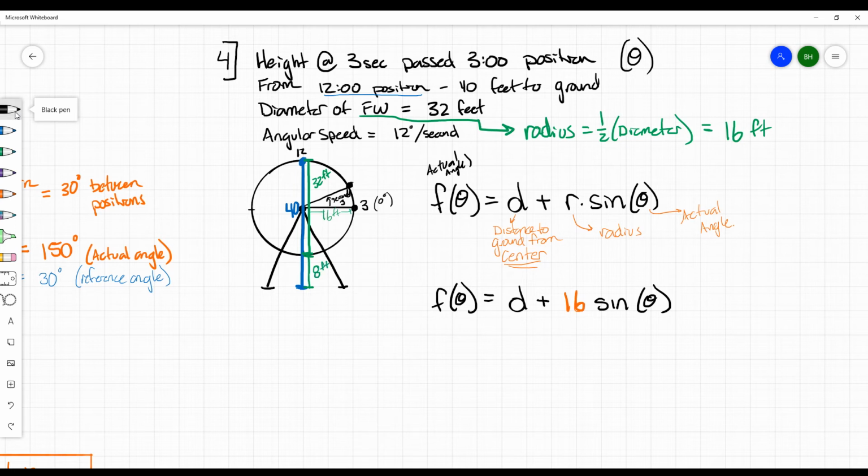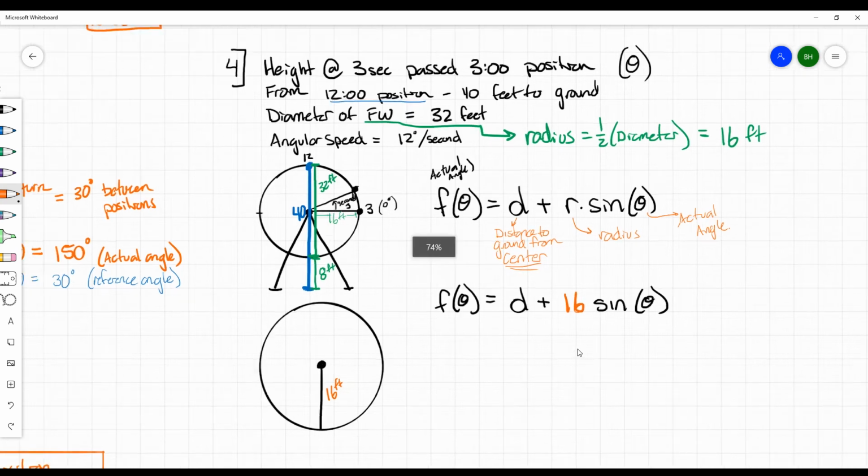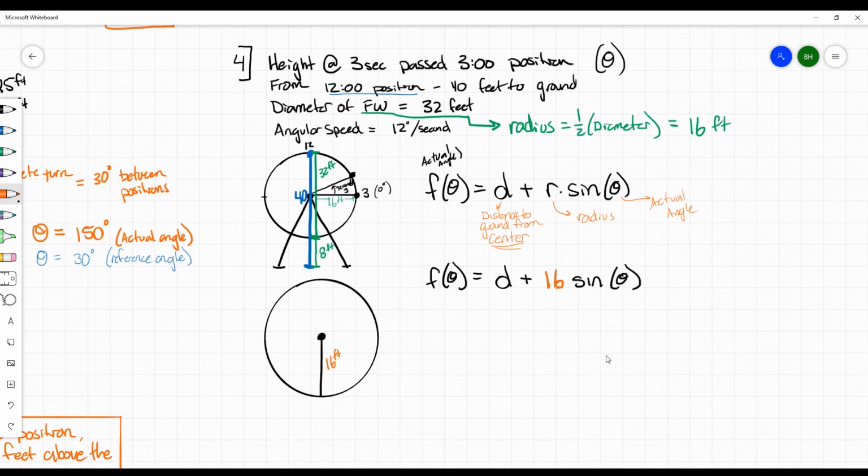If we draw another circle, another model for us, then from the center to the 6 o'clock position, because that's the radius of our Ferris wheel, that's 16 feet. The remaining portion that's left to the ground is going to represent a value of 8 feet.